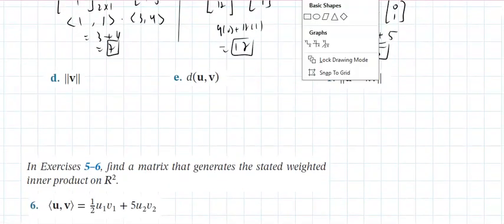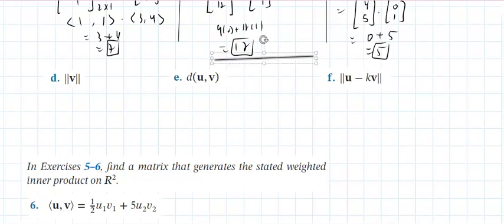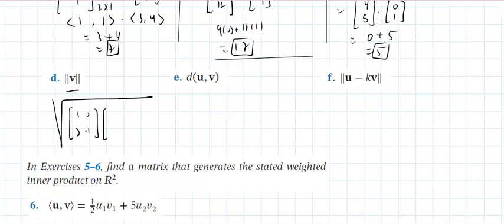If I want to take the magnitude of v, first I'll figure out what that is. It'll be the square root of v, well, v is 1, 0, 2, negative 1 multiplied by 1, 1, dotted with the same thing.